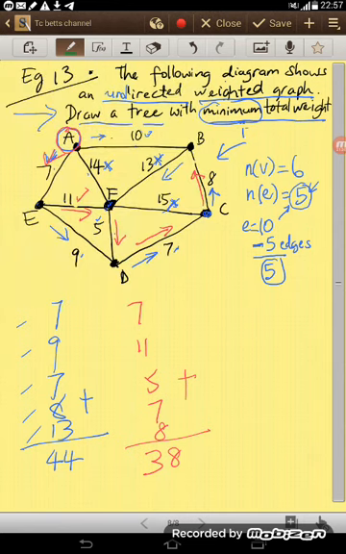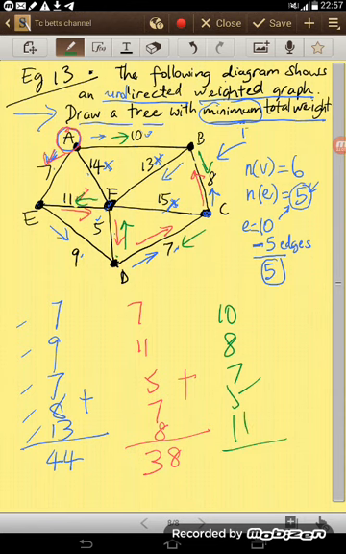Okay, let's say this time we choose 10. 10, and then we go 8, and then we go 7, and then 5, and then 11. Total up. This one you get 41. Okay, so now class, this has the minimum total weight, so we choose this route.